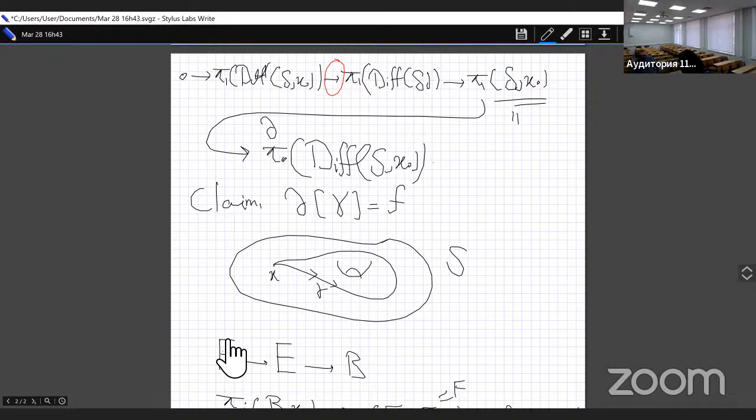Well, actually, delta of gamma is not the Dehn twist. I don't think it is. Let's consider the neighborhood of gamma, and here we have x naught.